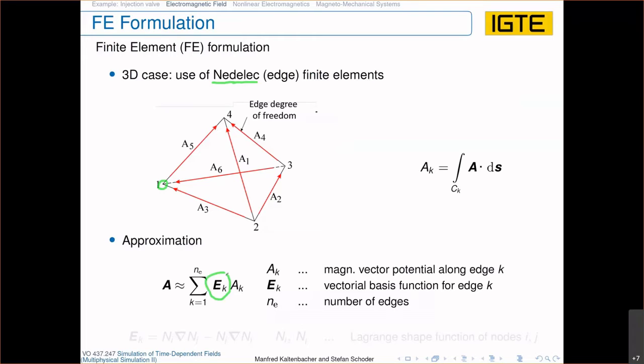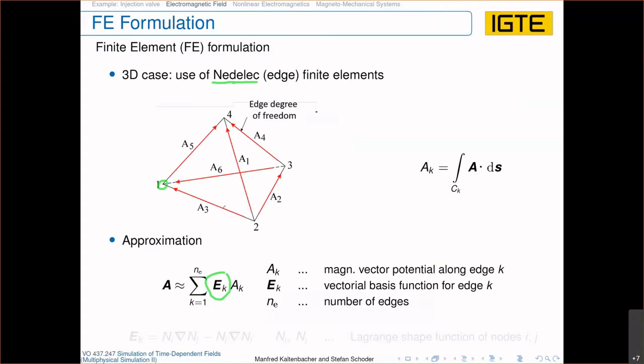Even, for example, if we consider elasticity, the mechanical field, we have used for each degree of freedom in x, y, and z for the mechanical displacement the same nodal scalar basis function. Here it is different. The basis function itself is a vector, and the unknowns are scalars where we project the magnetic vector potential in the direction of the according edge.